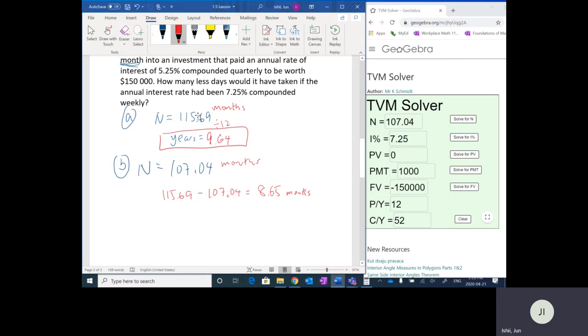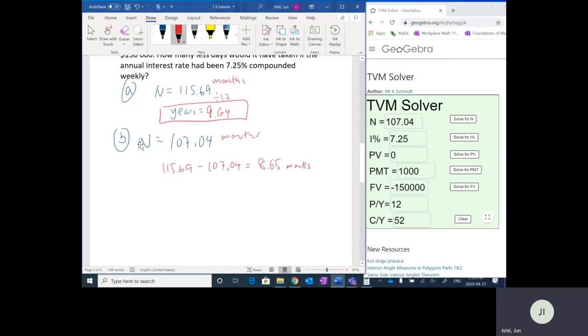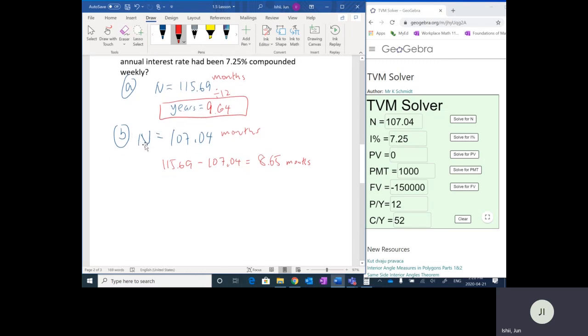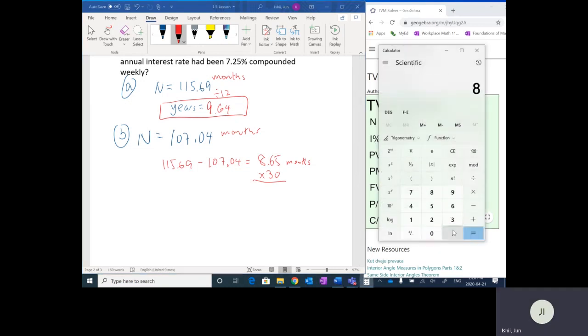Okay, so that's number of months. Now to get how many less days, so it's going to take 8.65 fewer months, and let's just approximate that there's 30 days a month. We can just use that estimation there. All right, so we're going to multiply that by 30, and 259.5, so we'll call it 260 days.